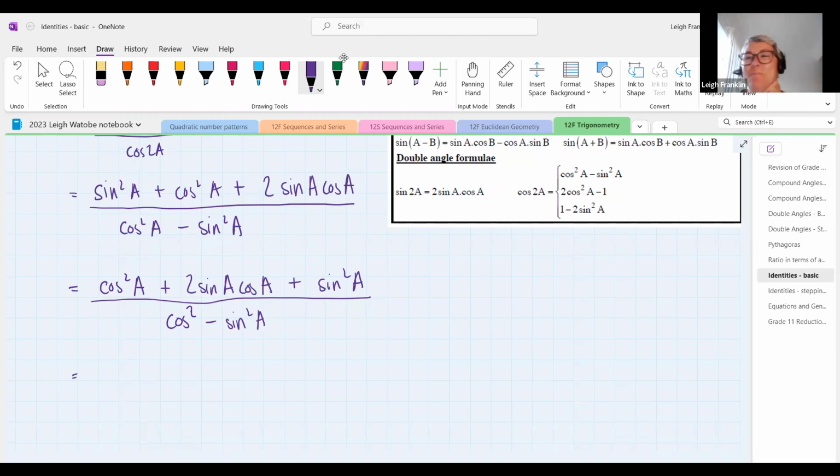I would put the cos a plus sine a brackets. You're right. Keep going. Is it cos a again, ma'am? It is. Absolutely. And then what sign do you think goes next?